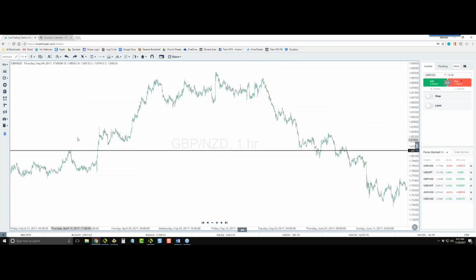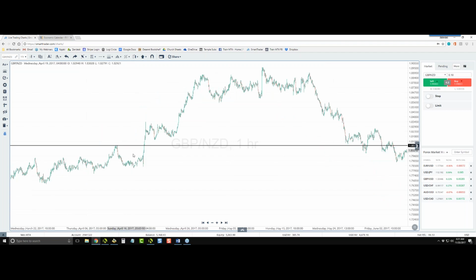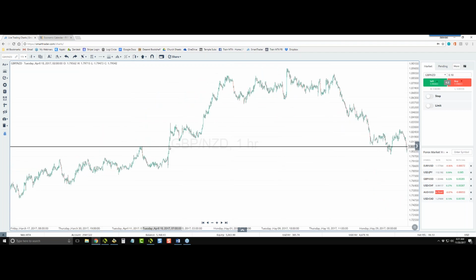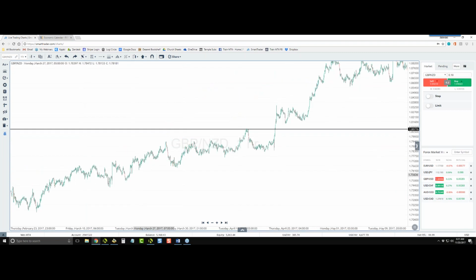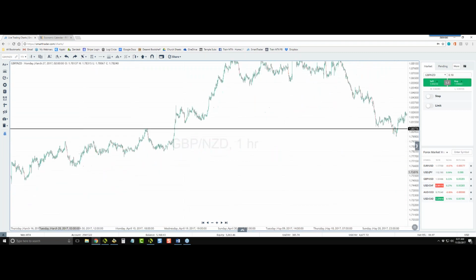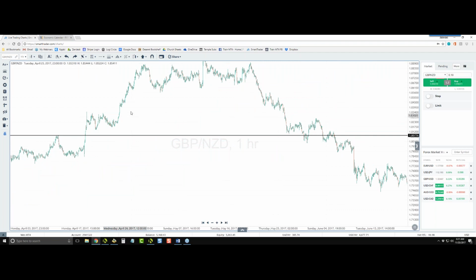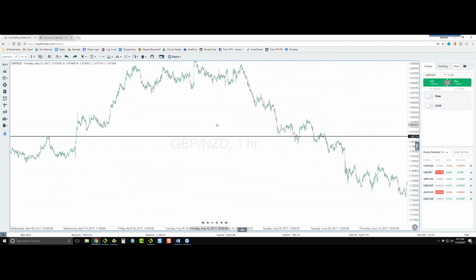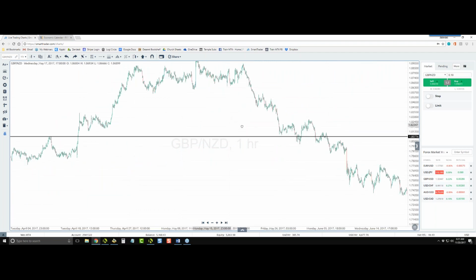As we were going up, yeah, sure, it would be great to say that we would buy at this level and then sell at this level, and we'd make money from that. But that's a difficult reality. It's difficult to say that we would buy at the lows and sell at the highs.